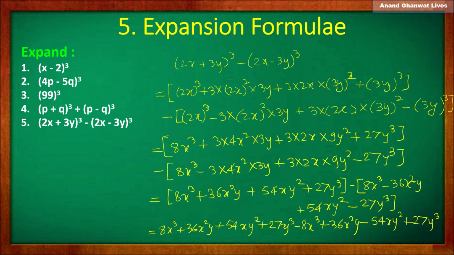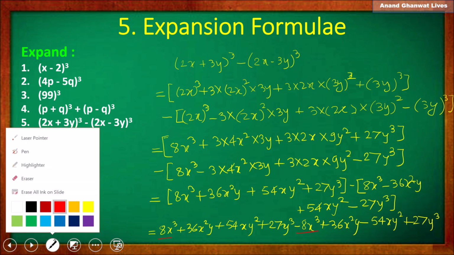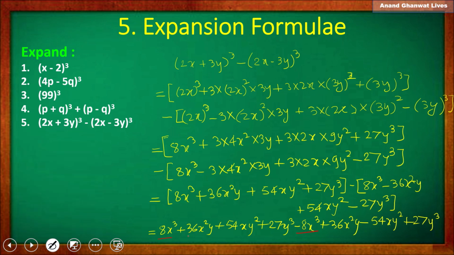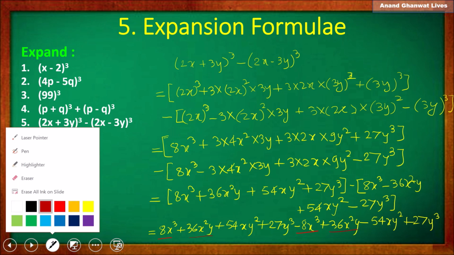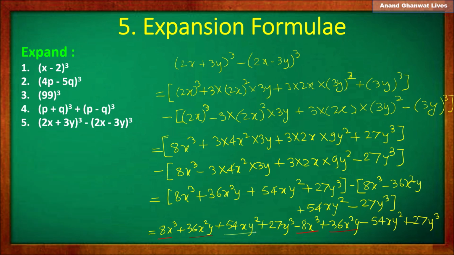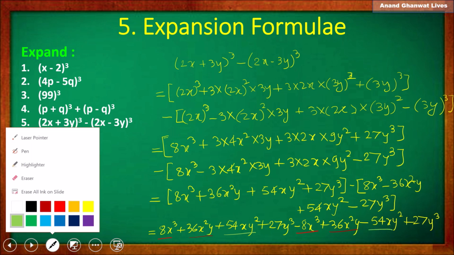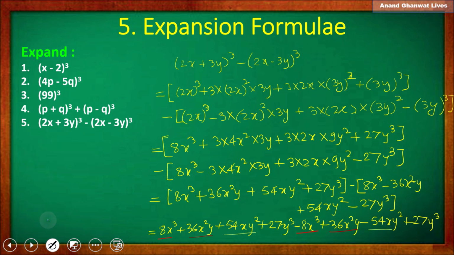Okay, now we have to underline like terms. Here we have 8x cube minus 8x cube. Another like terms, 36x square y and 36x square y. Another like terms, 54xy square, 54xy square, and 27y cube and 27y cube.